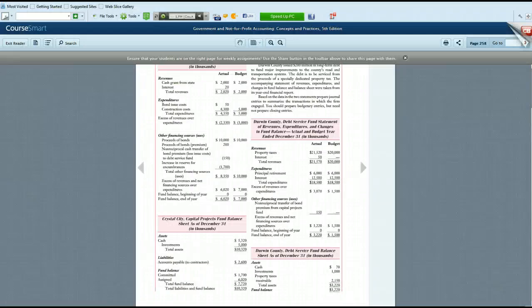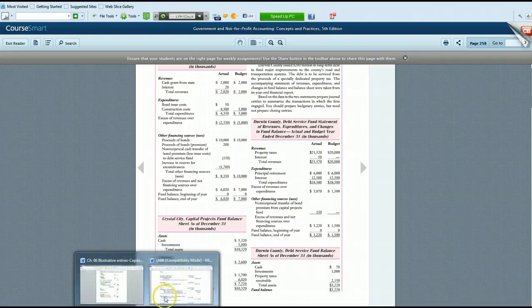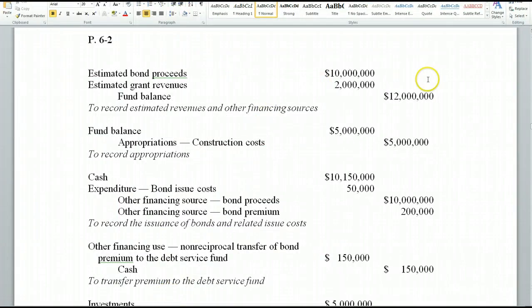When we go back and look, we can see our $10 million here in bonds. We see anticipating and receiving a $2 million grant from the state, which we want to account for in journal entries. And this is providing us with our budgetary account balances.